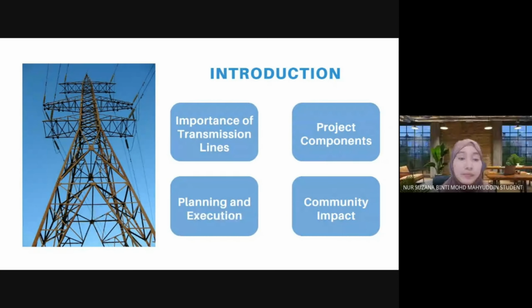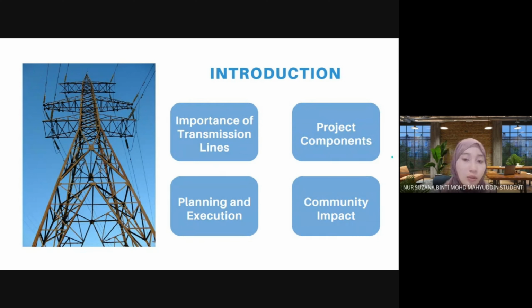And the third one is planning and executions. Planning and execution involve route selections, design, and constructions. This utilizes advanced technology like automations, monitoring systems, and sensors to enhance efficiency and reliability.